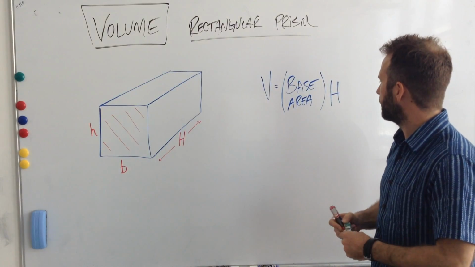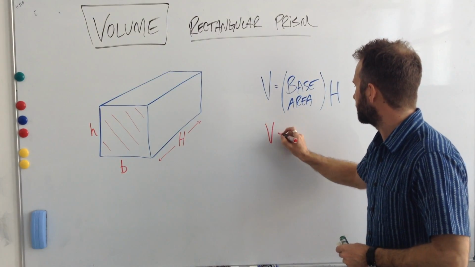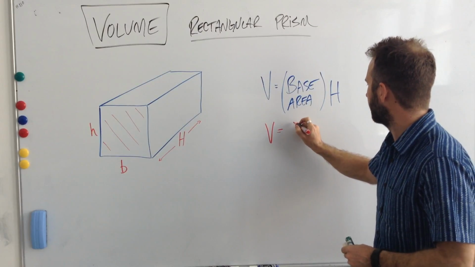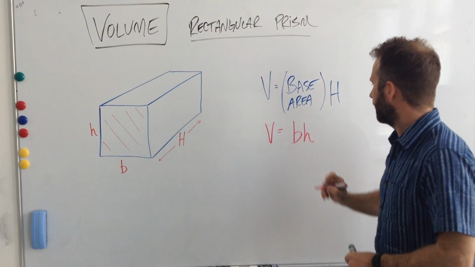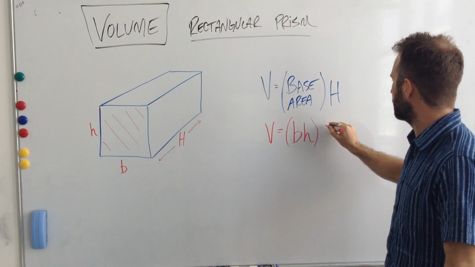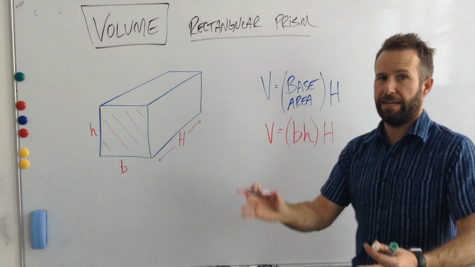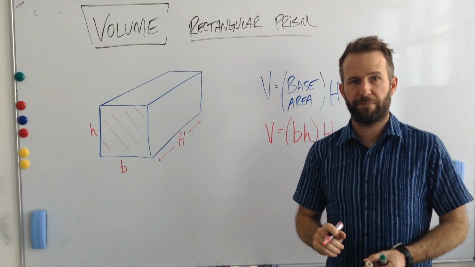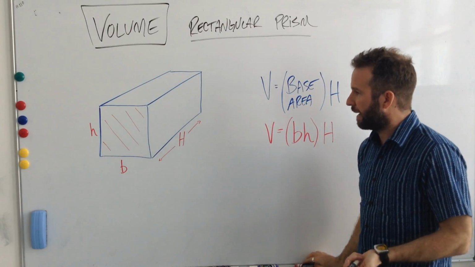So in the formula I can substitute that the base area is base times height, and all of that is going to get multiplied by big H, whatever that happens to be. Okay, so let's just do a quick example here.